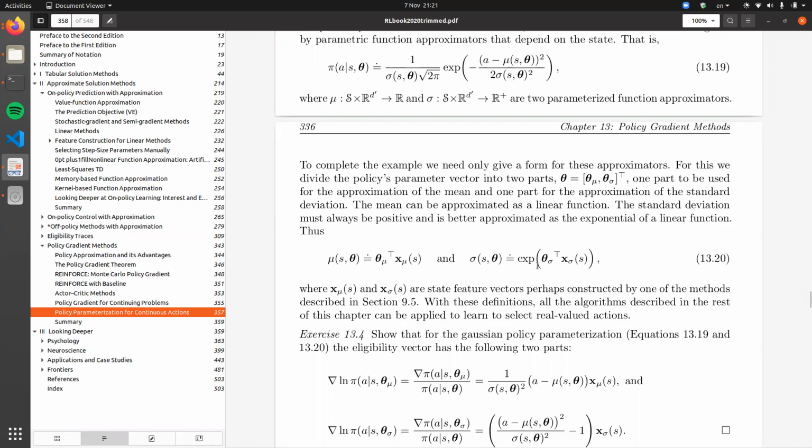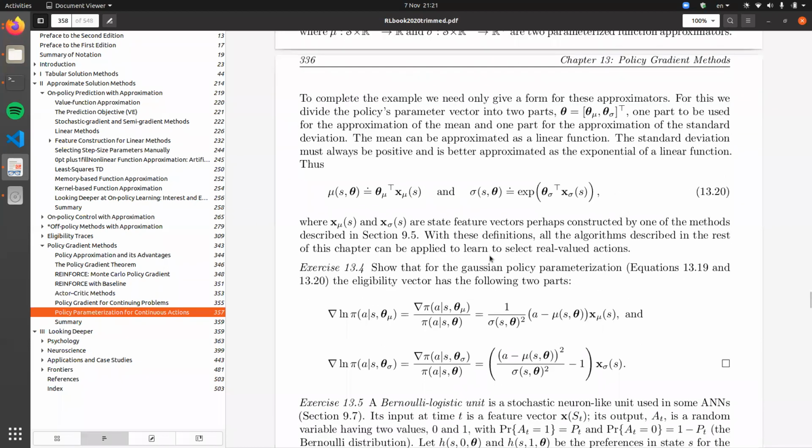This linear function approximator will output the full range of real numbers, but we want sigma to be a positive number, and we can achieve that by applying an exponential to it. So essentially, you can think of it as outputting the logarithm of the variance rather than the variance itself.